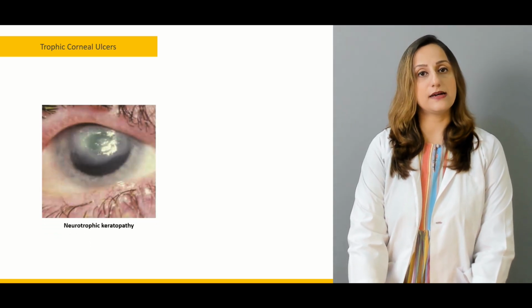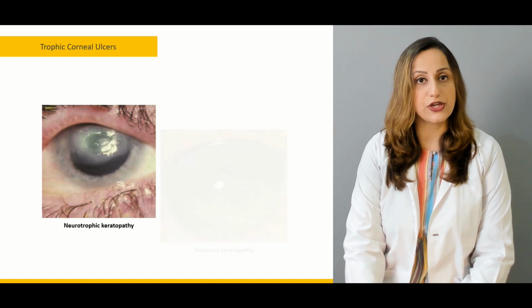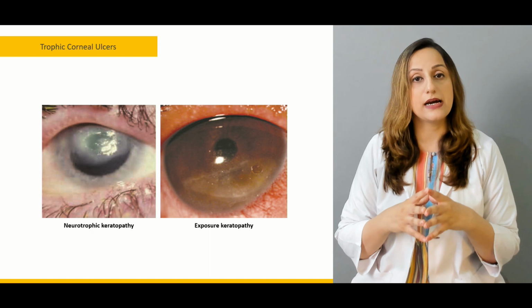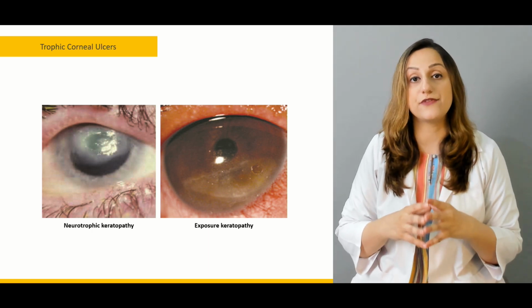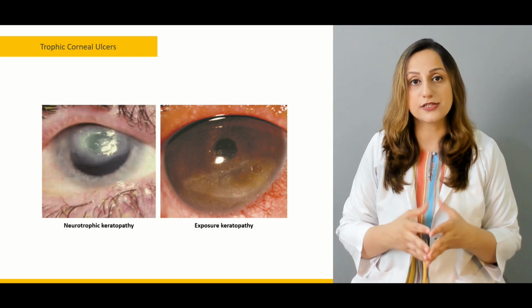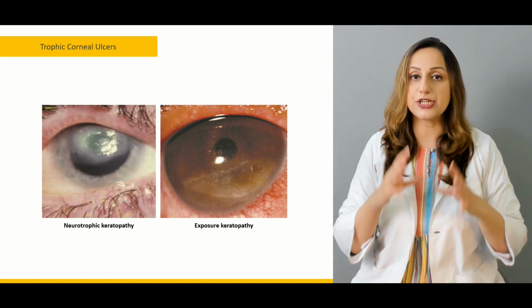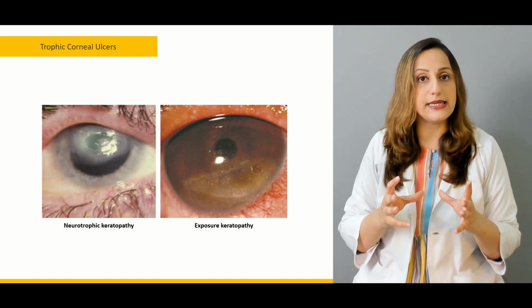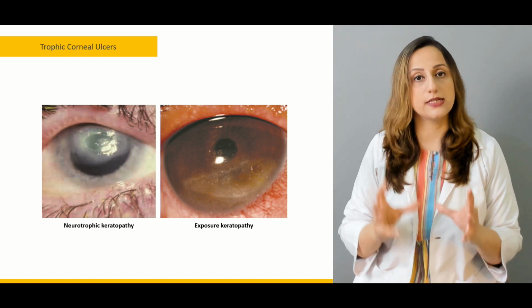Knowing the basic histology of the cornea and having the background knowledge towards the histological features of the cornea is again very important over here when we are going through the causative factors towards the development of this particular kind of classification, which is termed as the trophic corneal ulcers.